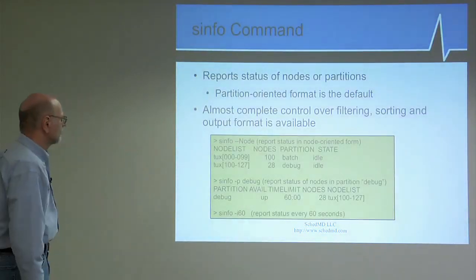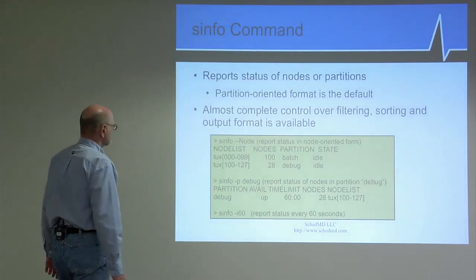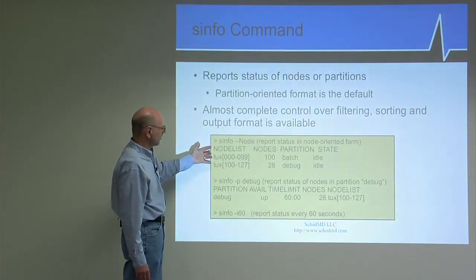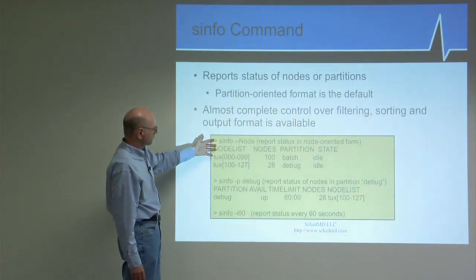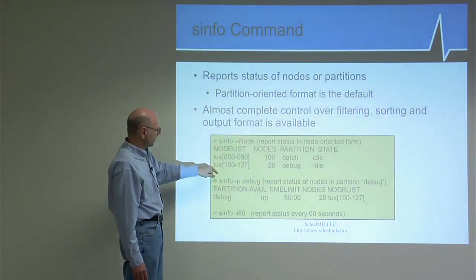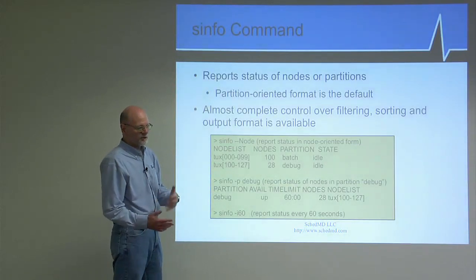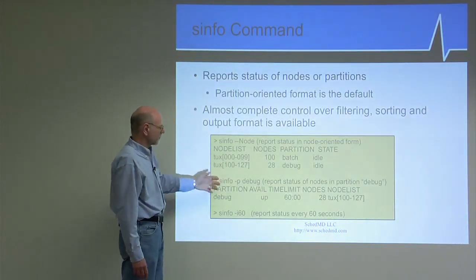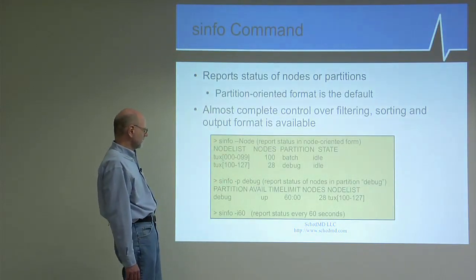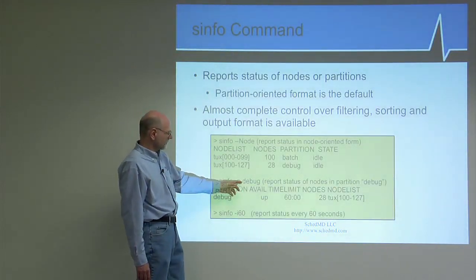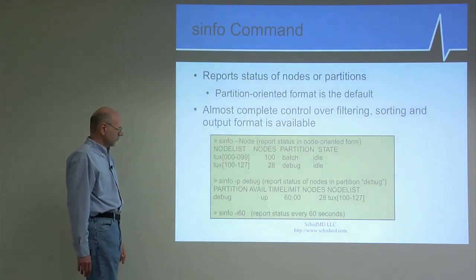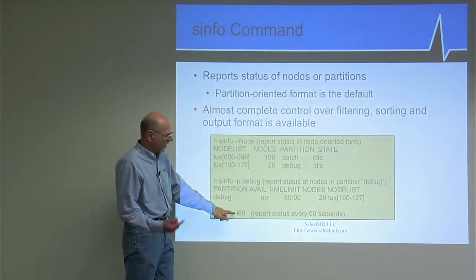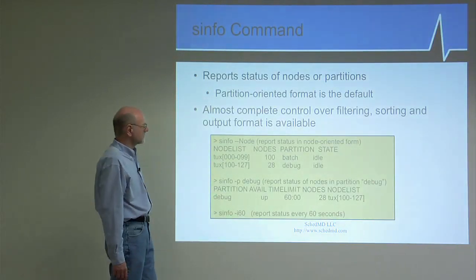So sinfo, like I said, reports node and partition state information. Just a simple example here. I already mentioned how Slurm uses a regular expression to condense node information. Here's an example of that. You can also get information on particular partitions. -i says iterate, redo this every 60 seconds.